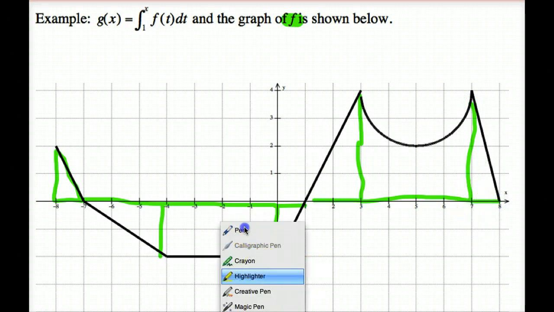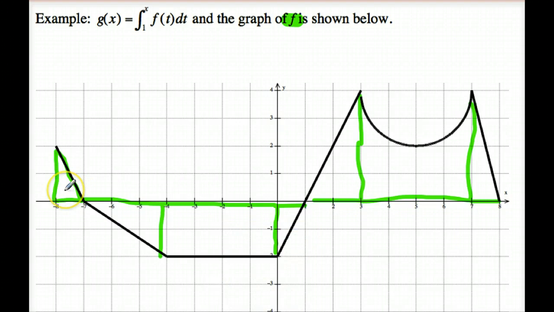So if we do these quickly, 1/2 my base is 1 times my height is 2, which gives me an area of 1. Over here I have 1/2 my base is 3, my height is -2, which gives me a -3.